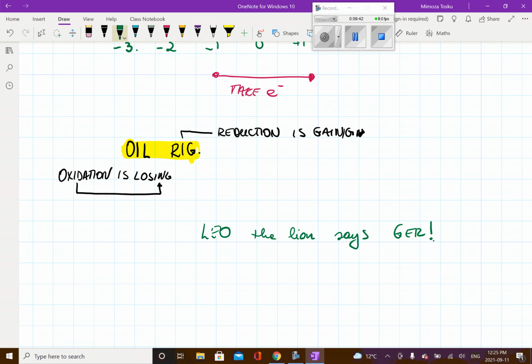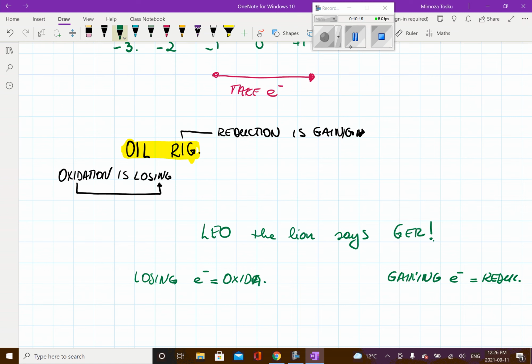Okay, so what it is: when you are losing electrons, you are oxidized. Losing electrons equals oxidized, and gaining electrons equals reduced.